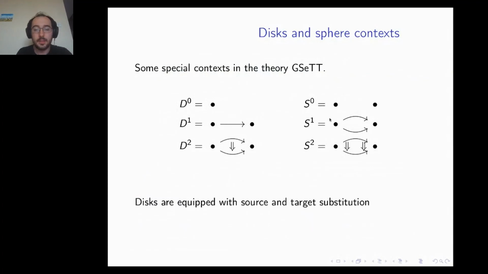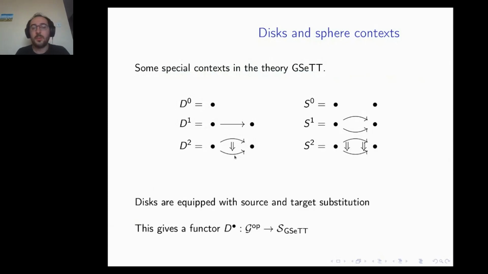And moreover, the disks have source and target substitutions. So for instance, the source substitution of the disk D2 goes from D2 to D1, and it maps the top arrow of D1 into the top arrow of D2. And the target substitution goes from D2 to D1 again, and it maps this arrow here onto the bottom arrow.